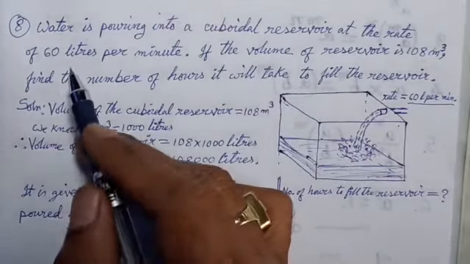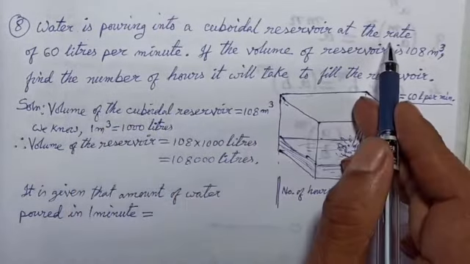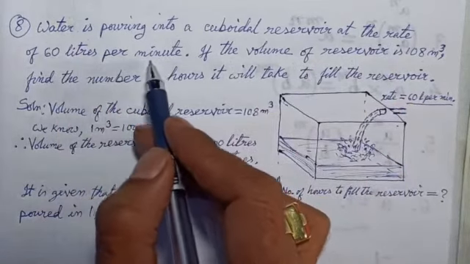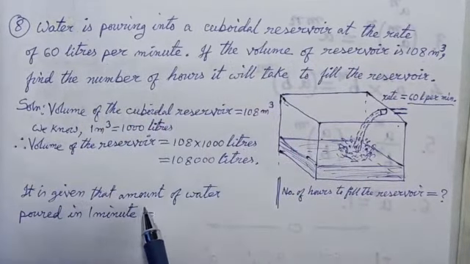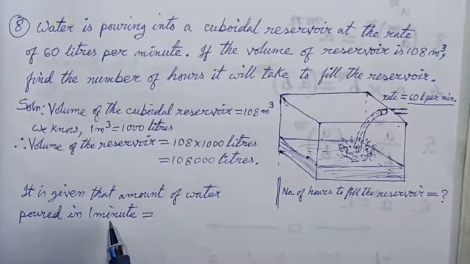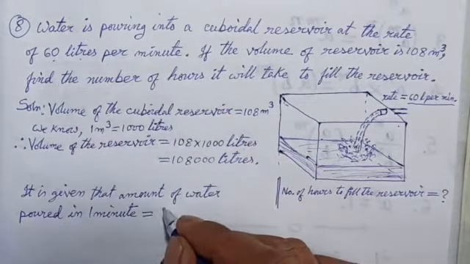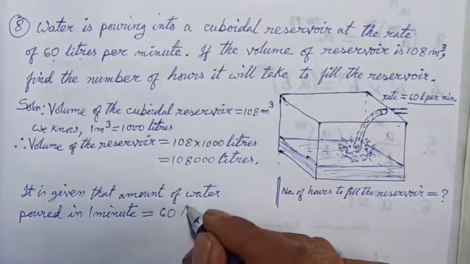In the question it is given that the rate of pouring water is 60 liter per minute. So the amount of water poured in 1 minute is 60 liter.